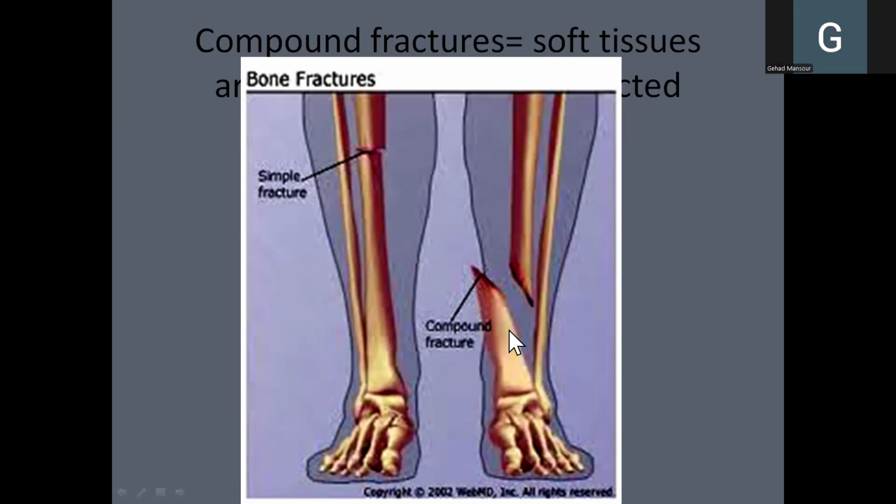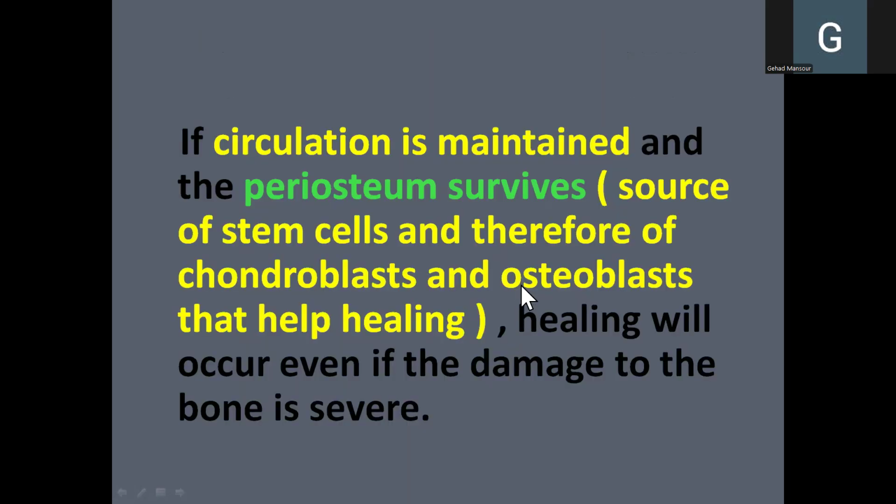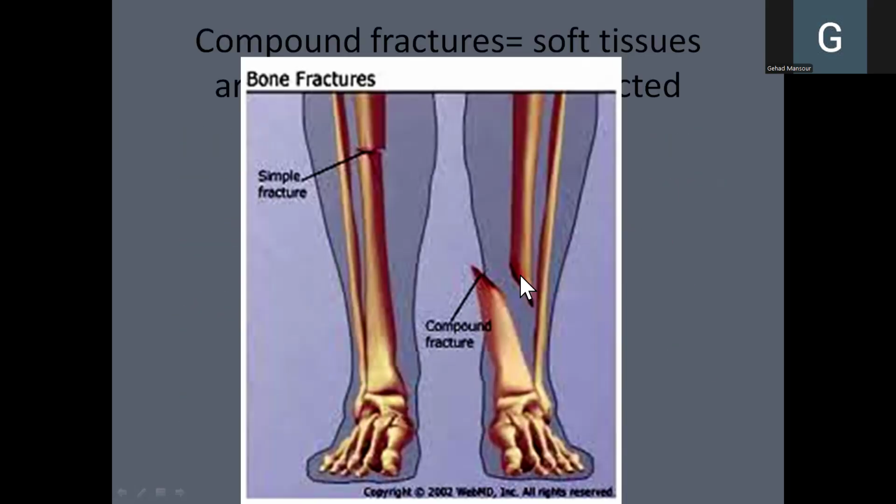And in case of compound fractures, usually the cast is not enough, and you need to have a surgery done in order to make the two bony ends far enough from each other until you can get them on one straight line, and then fix the two bony ends with a plate and screws that are, of course, made of titanium in order to be not reactive inside the body.